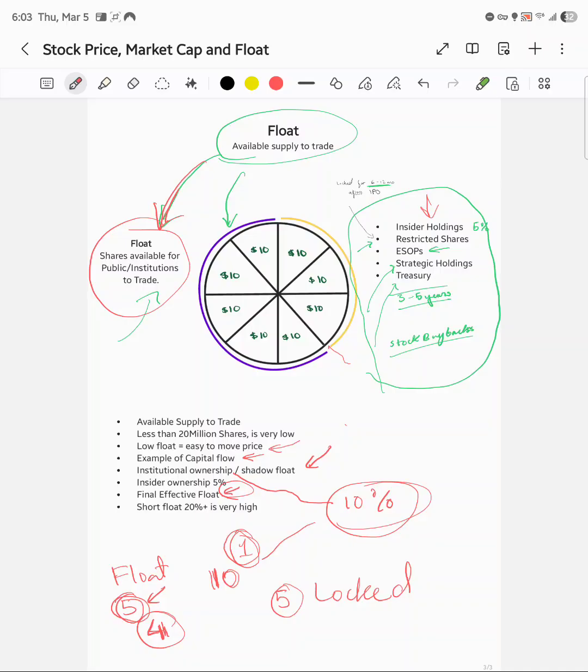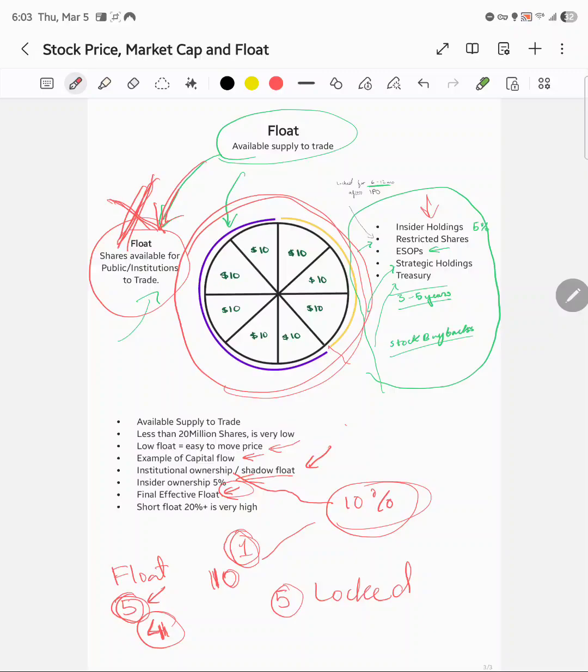Like I said, one point we also talked about is 5% ownership. If you own anything more than 5%, you are an insider. Okay? So keep in mind, one last time, the institutional ownership is of the total outstanding shares, not of the float.